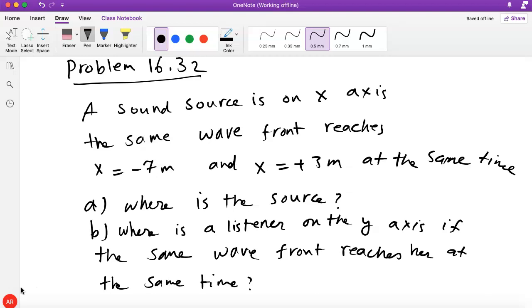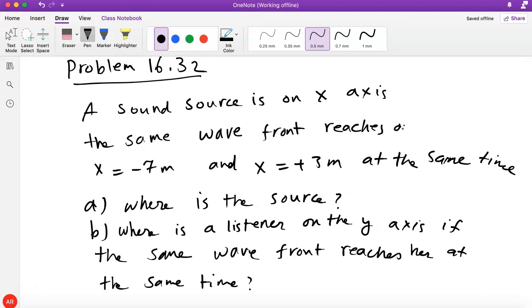So we have a sound source that's on the x-axis, and the same wavefront reaches two listeners on the x-axis at the same time, one at x equal -7 meters, the other at x equal +3 meters.